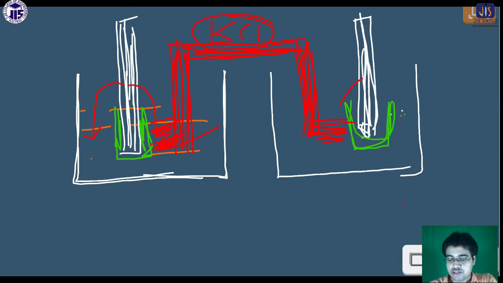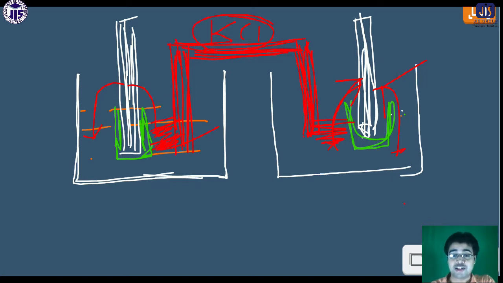Here, smooth conversion of copper 2+ to copper. So if we connect the two chambers by the salt bridge, only then is it possible to get the continuous flow of the electrons, and ultimately we will get the continuous electricity from the cell, otherwise not. Now there may be a question: what is the role of the KCl?